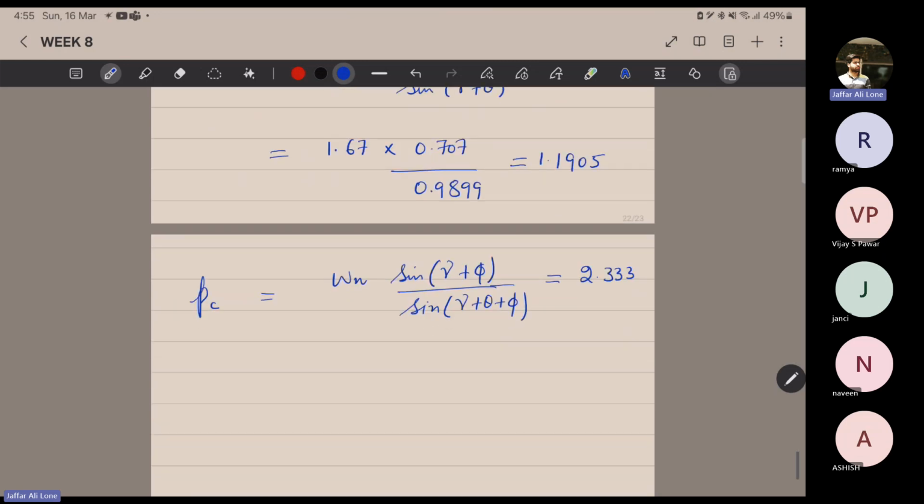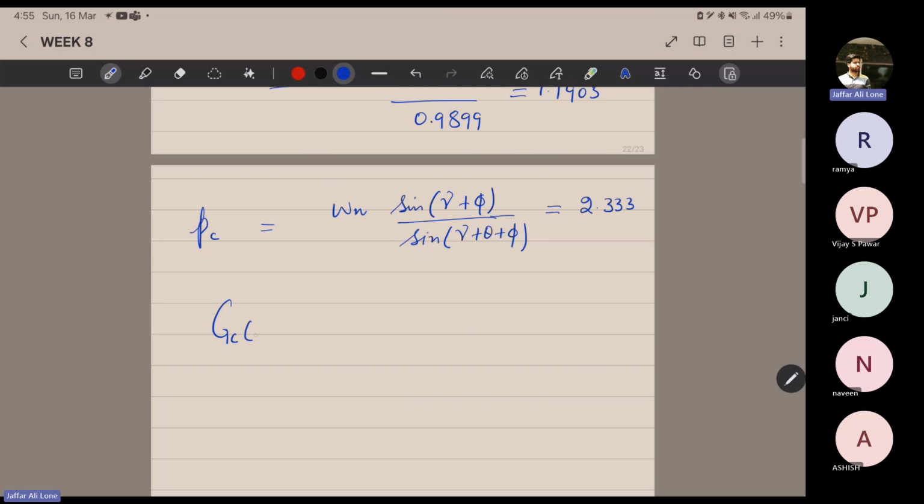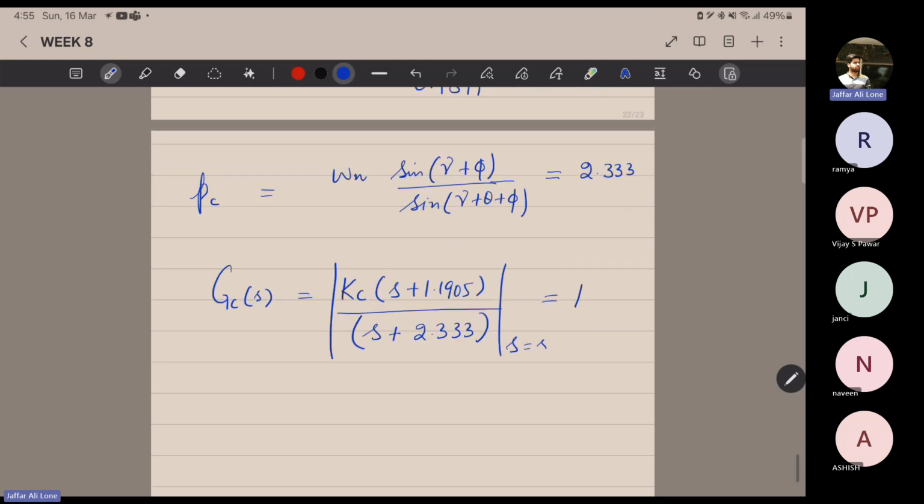So what will be the compensator? GC of S will be Kc into S plus 1.1905 divided by S plus 2.333. Right? In order for you to find the value of Kc, again the magnitude condition should be satisfied. This should be equal to 1 at S equal to SD.